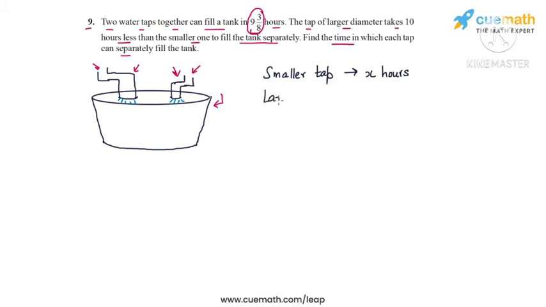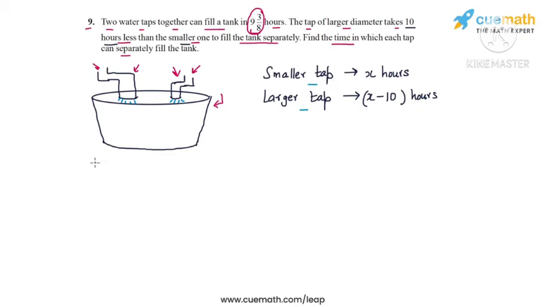Then the larger tap will take X minus 10 hours to fill the tank, because we are told that the larger tap takes 10 hours less than the smaller one to fill the tank. Now what we need to do is find out that in 1 hour what fraction of the tank will the smaller tap fill and what fraction of the tank will the larger tap fill.